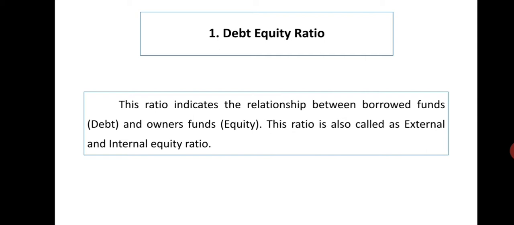So in simple words, this ratio indicates the relationship between borrowed funds to owner's fund, and this ratio is also called the external and internal equity ratio. Why external? It shows the relationship between borrowed funds. And why internal? Because it indicates the relationship of borrowed funds to equity.